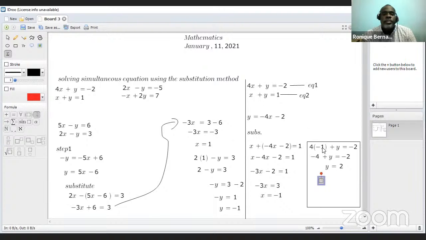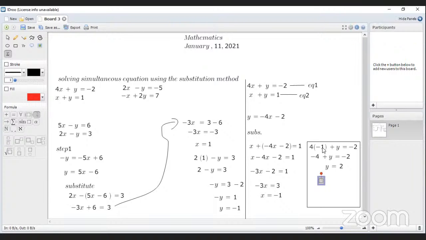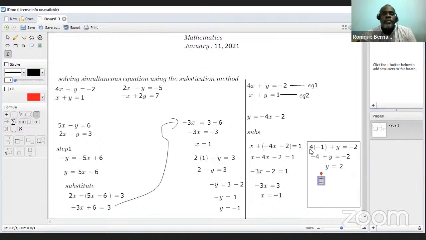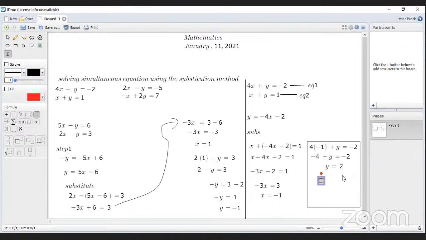You see that? Yes, sir. And then I just work it like normal. After that, 4 times negative 1 gives us negative 4. So all of that in the box is for when you choose equation 1.